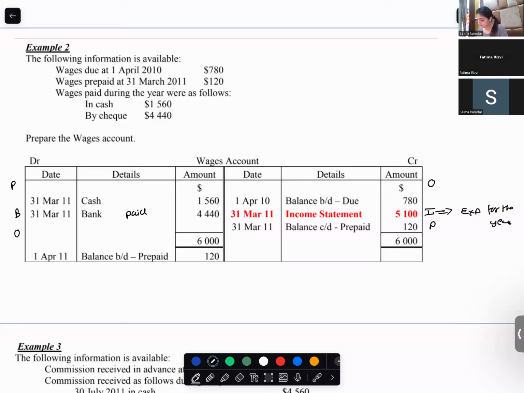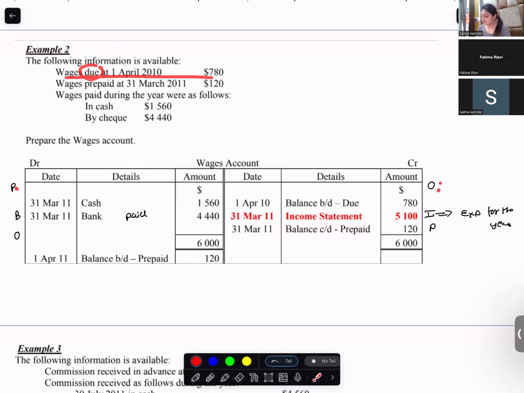Okay, fine. Come on. What is this? Wages due at 1st April. Due means prepaid or outstanding? Outstanding expense.